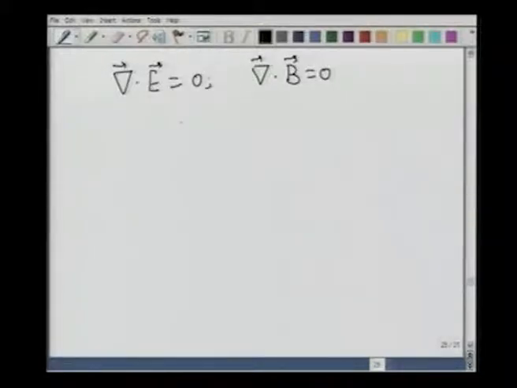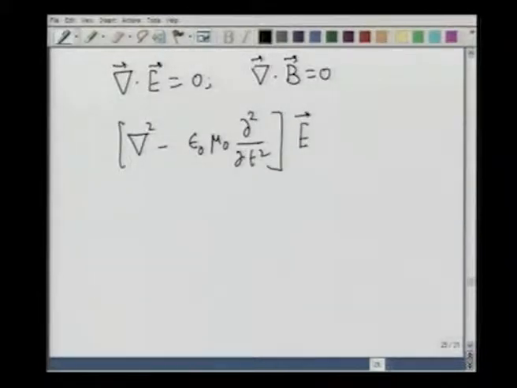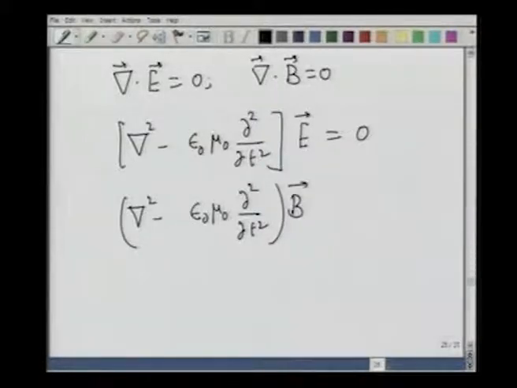If you did that, you will get a set of two very beautiful equations. And what are they? Del squared minus epsilon naught mu naught del squared by delta t squared E equal to 0, and del squared minus epsilon naught mu naught d squared by dt squared B equal to 0.